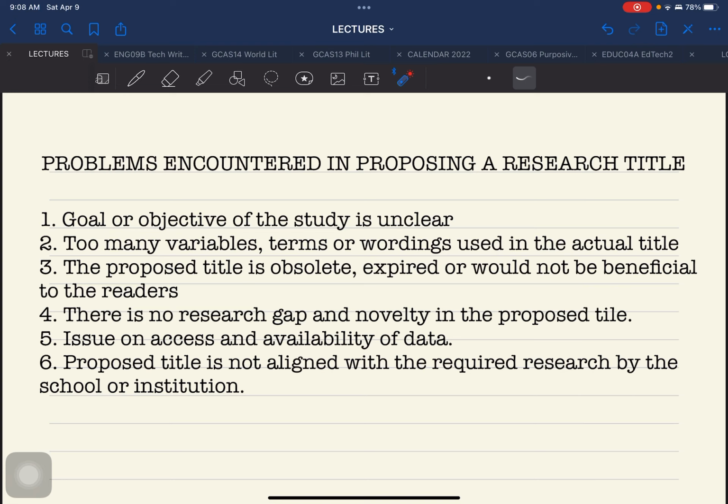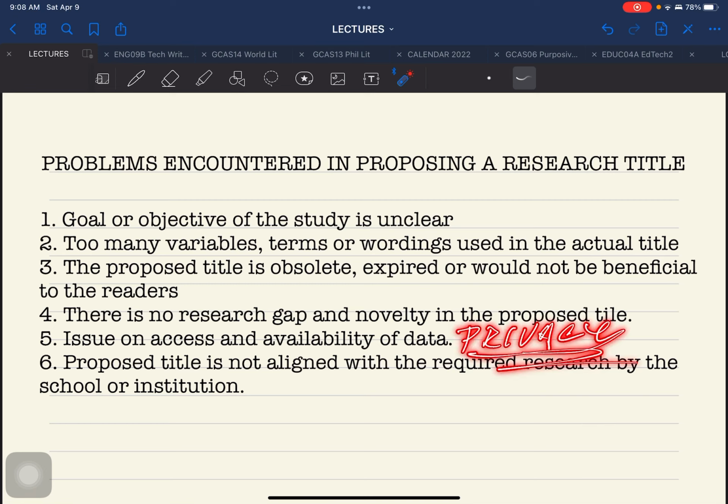The next one is the issue on the access and availability of the data that you are going to use. If the source of your data would not come from respondents, if you're going to analyze data coming from documents from schools, then there would be an issue of data privacy.